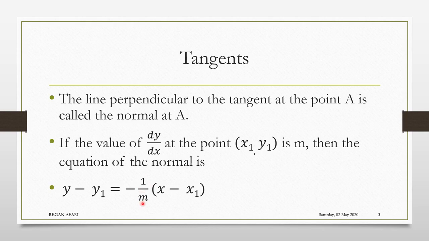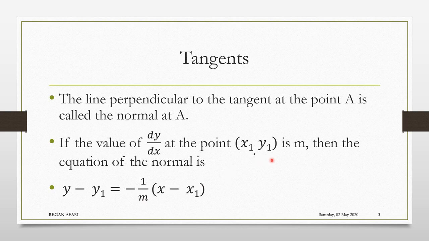I told you that the product of the gradient of the tangent and the normal should be equal to -1. So if the gradient of the tangent to the curve is m, then the gradient for the normal should be -1 over m.